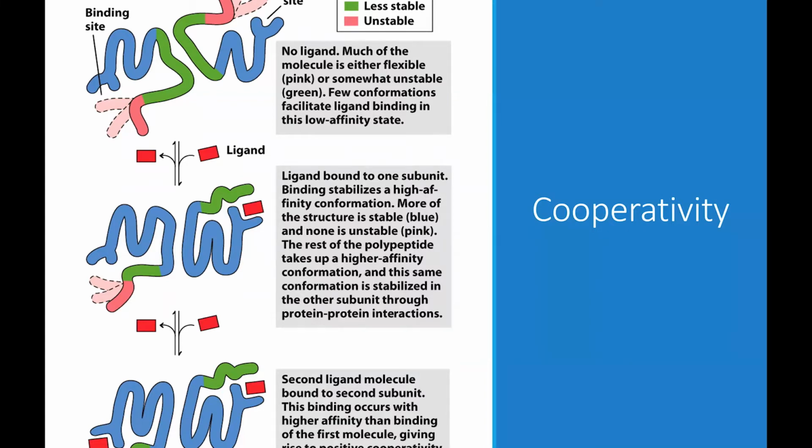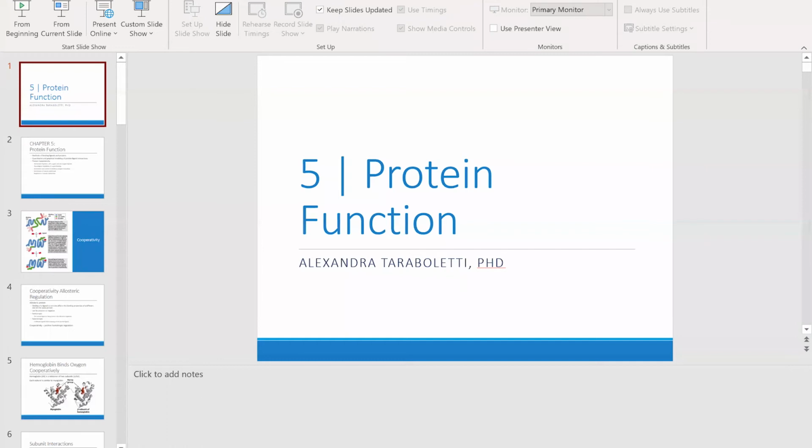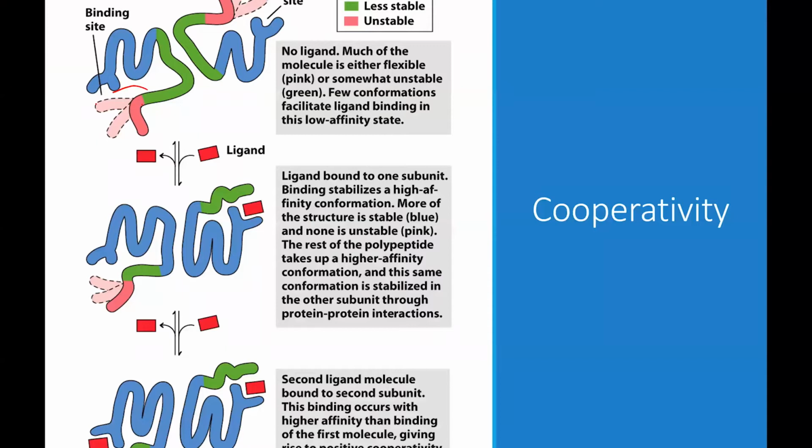And there are areas of its binding site that are open for ligands and other areas of the protein, which are highlighted in red here, which are described as being unstable.